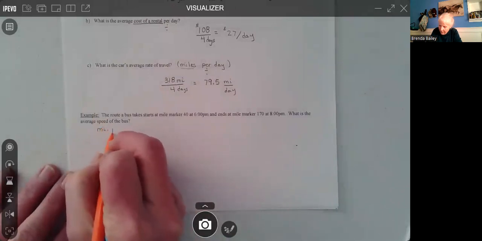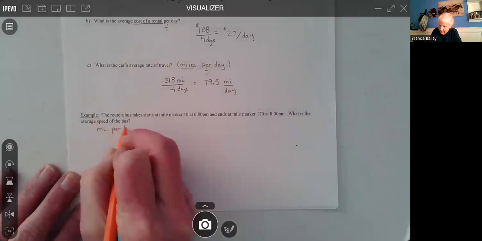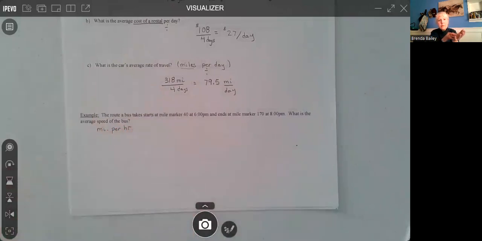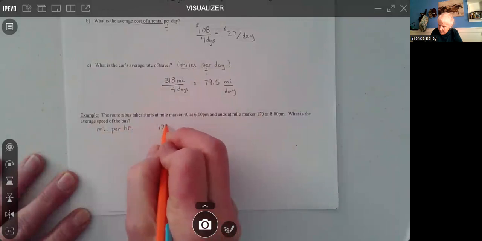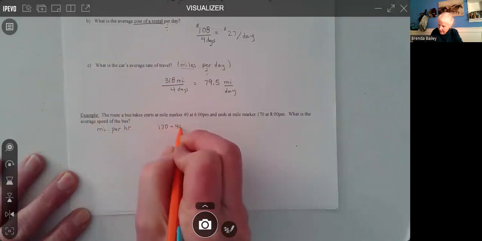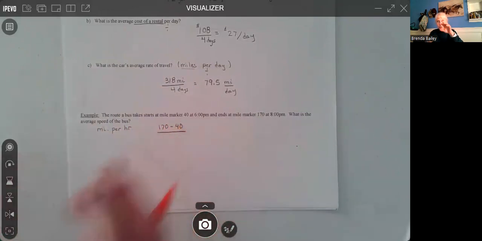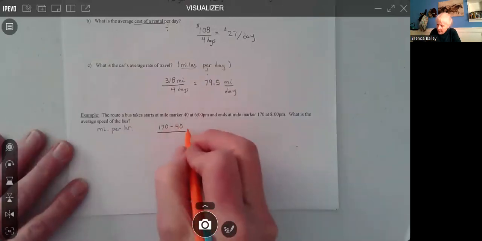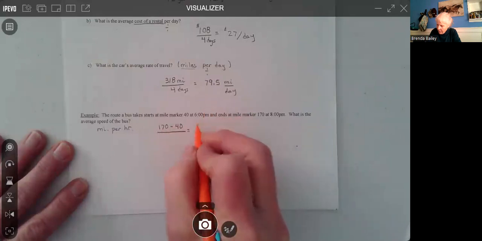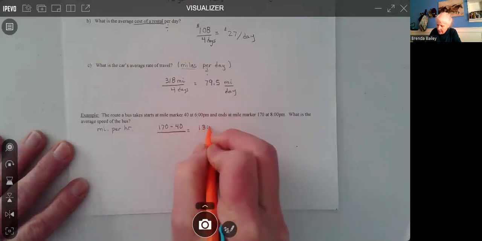So we need to find the number of miles divided by the number of hours. So to do that, we'll take mile marker 170, subtract 40. That's how many miles. We went from the 40 mile marker to the 170 mile marker. That's how many miles. Well, let's go ahead and find that numerator, 130 miles.